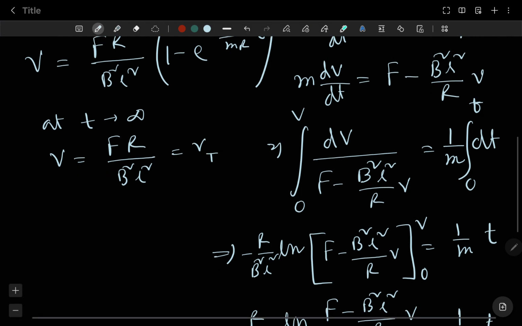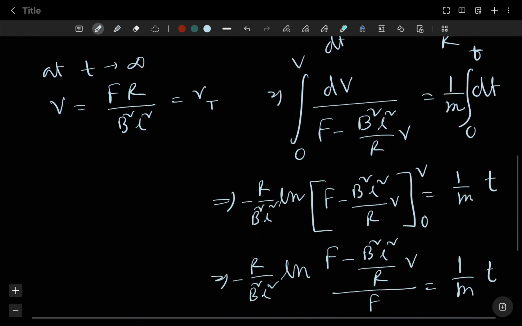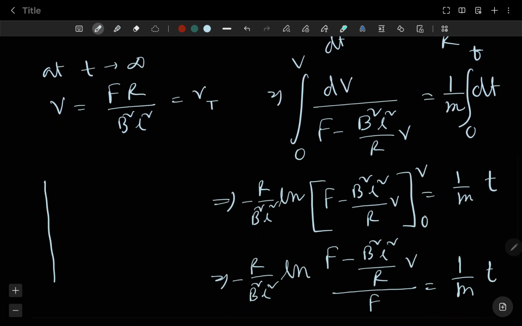Okay, so the velocity versus time graph of this conducting rod will be like this.